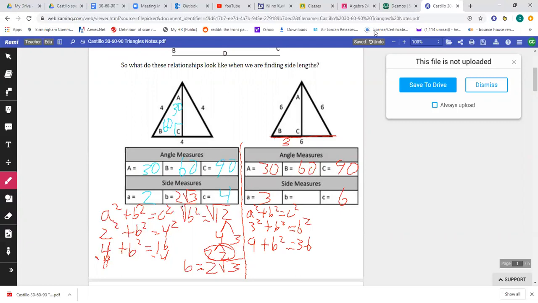Subtract 9 on both sides. And then I get b squared is equal to 27. If I take the square root of both sides, 27 breaks down into 3, 3, and 3. So I know b is 3 root 3.